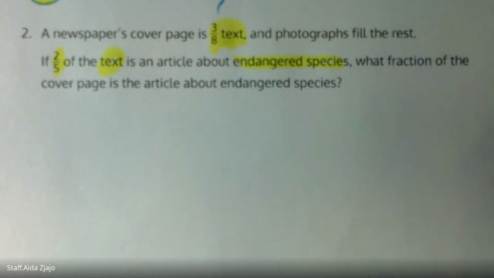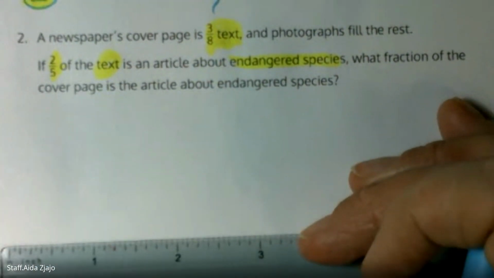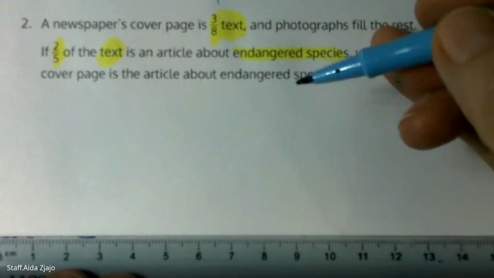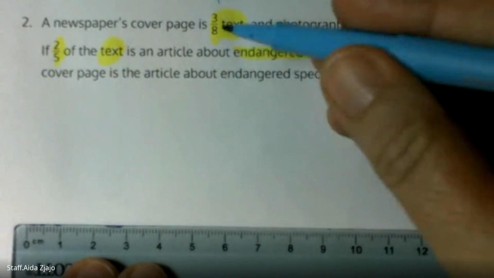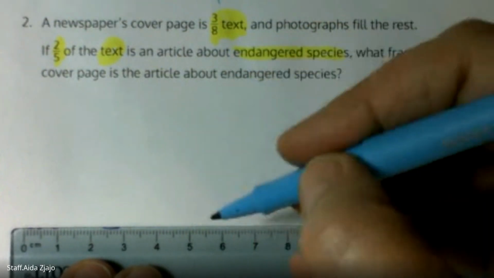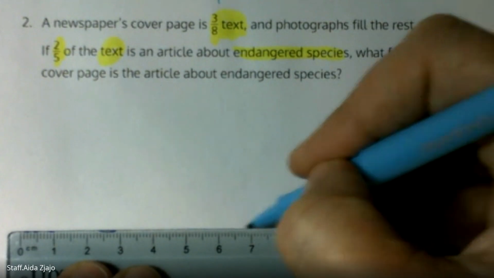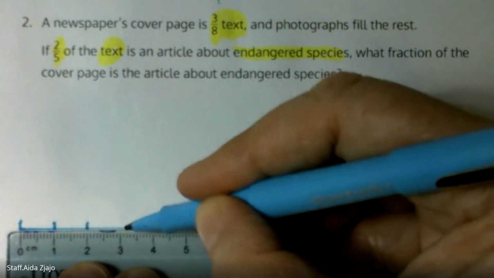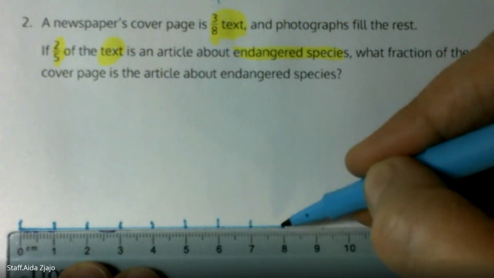So to understand this, imagine that it is a newspaper. I'm going to need 3/8, so let's take 8 centimeters, so it's easier to manipulate with this.